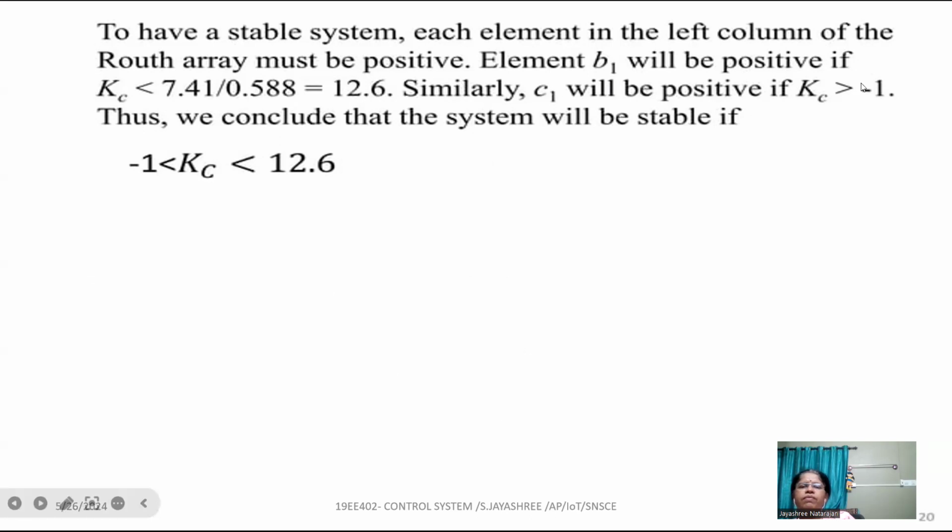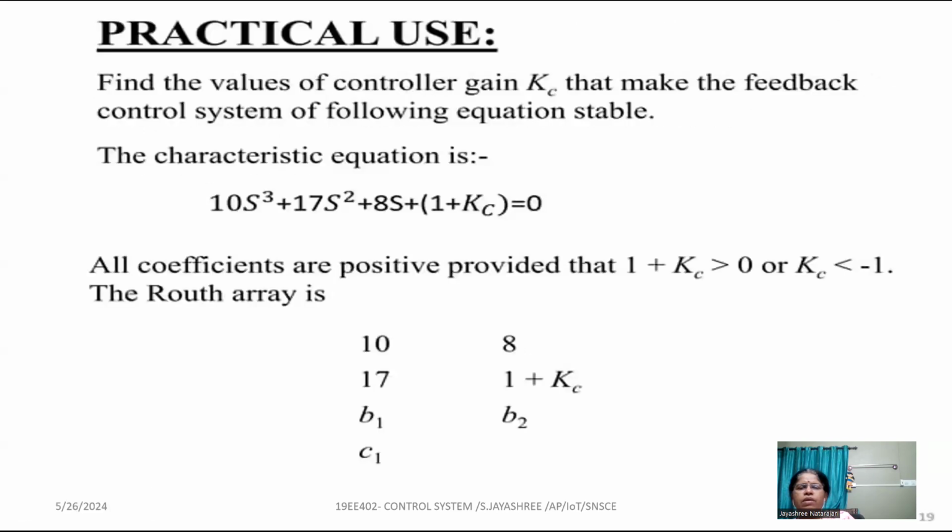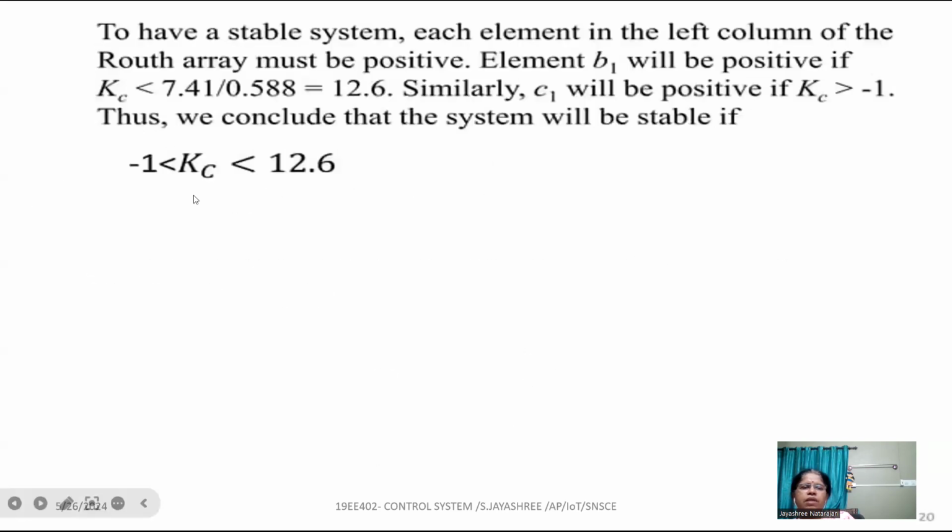Similarly, C1 will be positive if Kc is greater than -1. Thus, we conclude that the system will be stable if the Kc value is between -1 and 12.6.